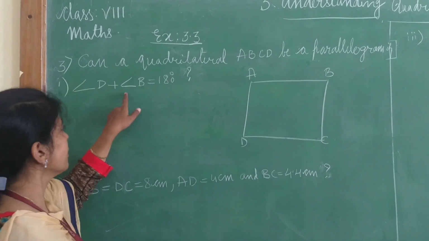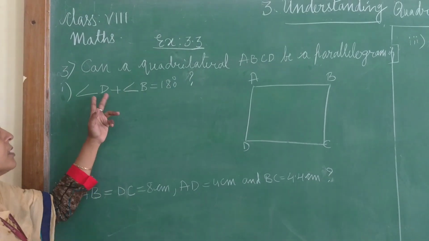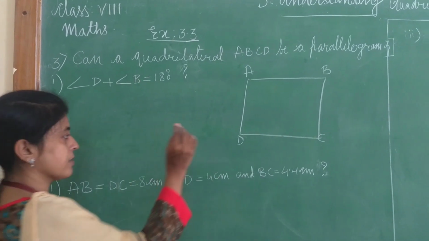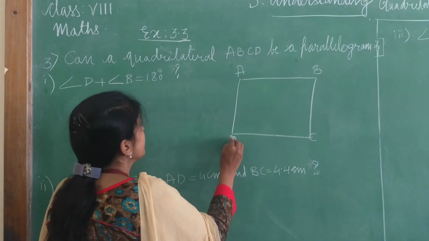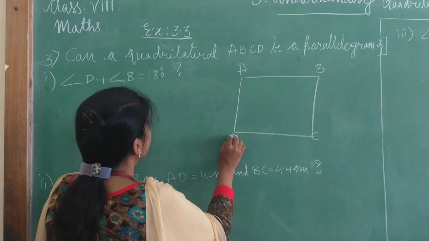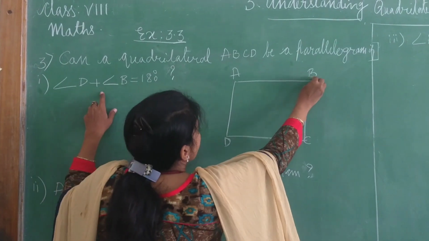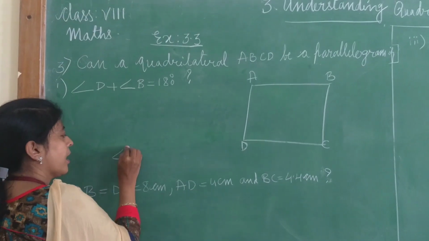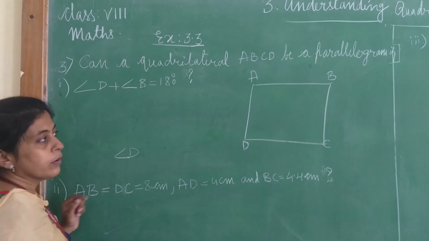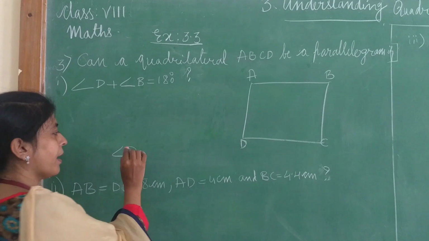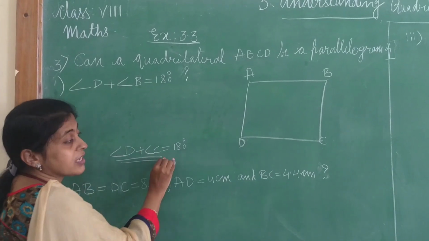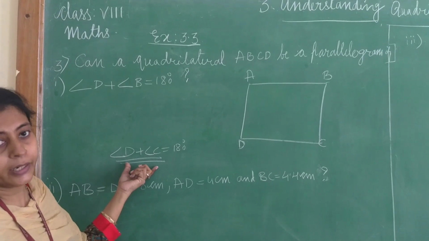Now the property shown to us is angle D plus angle B is equal to 180 degrees. Now you can see this is angle D and this is angle B. These two angles are asked, and we know very well, according to one of the properties of the parallelogram, angle D plus angle C will be equal to 180 degrees, that is, adjacent angles are supplementary.